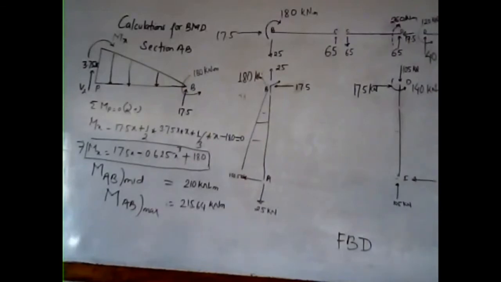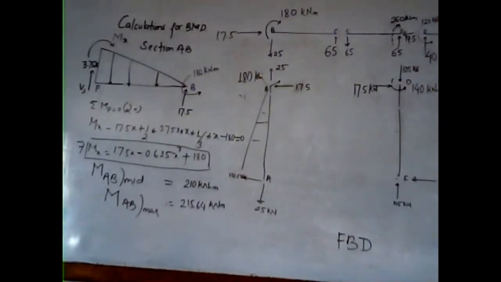To find this, we take the summation of moment at point P equals 0, taking clockwise direction as positive. Here we will get moment at X minus 17.5 into X. So 17.5 into X is making an anti-clockwise sense, so it is negative here.